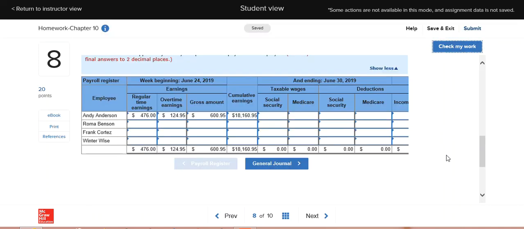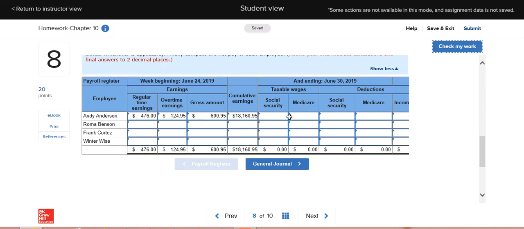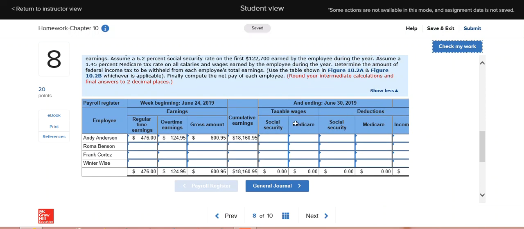All right, so let's whittle this down piece by piece. We've got a section here that says taxable wages, and it's got 2 columns in it, Social Security and Medicare. So most likely your taxable wages are going to be your gross wages. The only time it wouldn't be is if your cumulative earnings have hit the wage base of $122,700, and in that case your Social Security taxable wages might not be your gross amount.